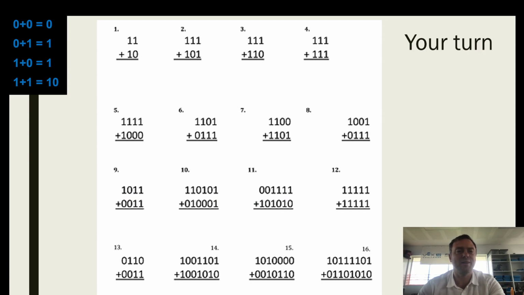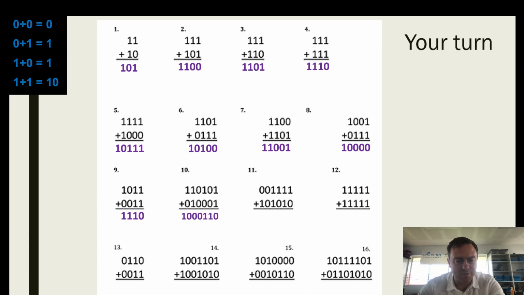Awesome. So what you should have found: number 1, 11 plus 10 gave you 101. Number 2 gave you 1100. Number 3 gave you 1101. Number 4 gave you 1110. Number 5 gave you 10,111. Number 6 gave you 10,100. Number 7 gave you 11,001. Number 8 gave you 10,000. Number 9 gave you 1,110. Number 10 gave you 1,110.